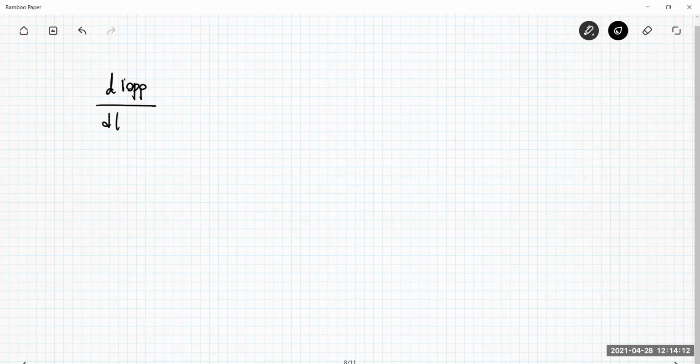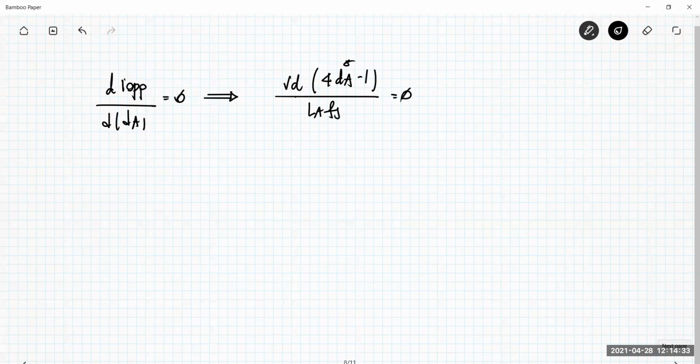With respect to the duty cycle, put it to 0 to find out which is the duty cycle for which you have the maximum. Okay, you get Vd over LA Fs times (4 dA minus 1) equal to 0. So you can have dA equal to 1/4.